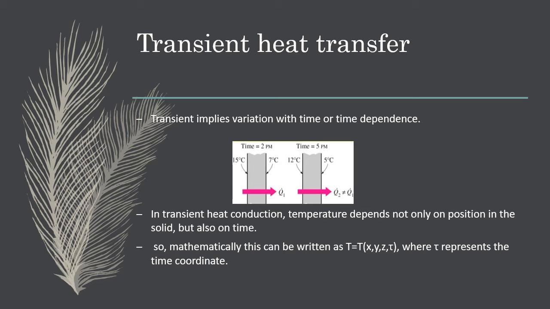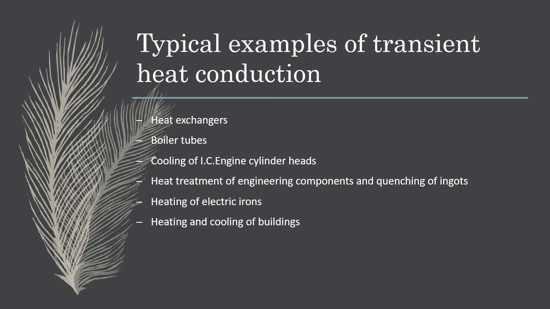Mathematically, this can be written as T equals T(x, y, z, tau), where tau represents the time coordinate. Typical examples of transient heat conduction: heat exchangers, boiler tubes, cooling of IC engine cylinder head, heat treatment of engineering components and quenching of ingots, heating of electric irons, heating and cooling of buildings.